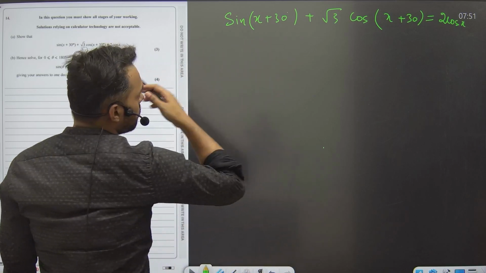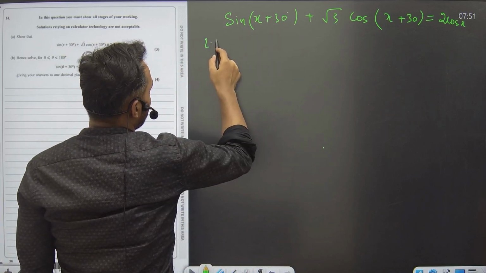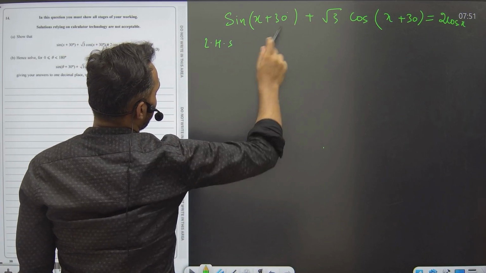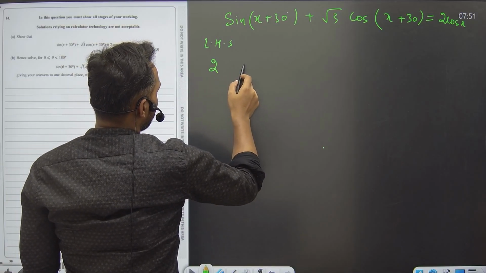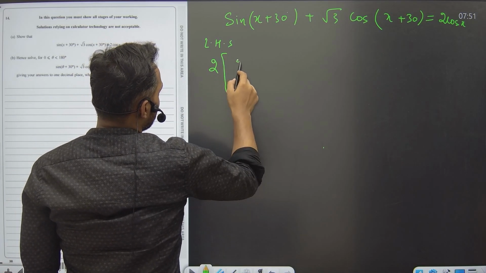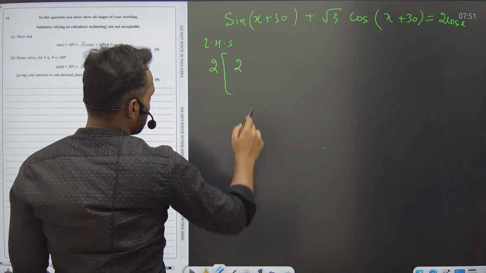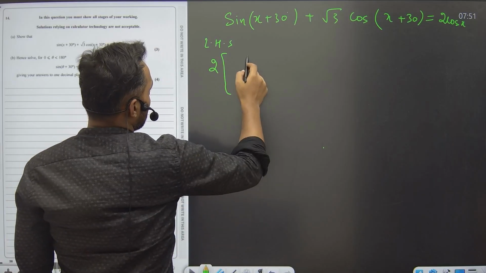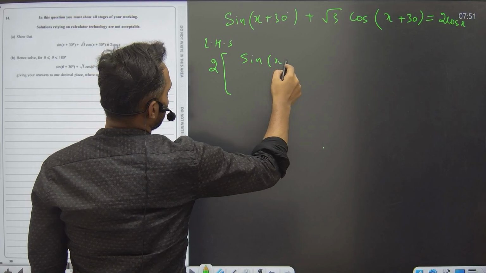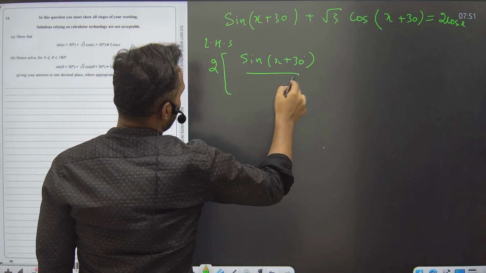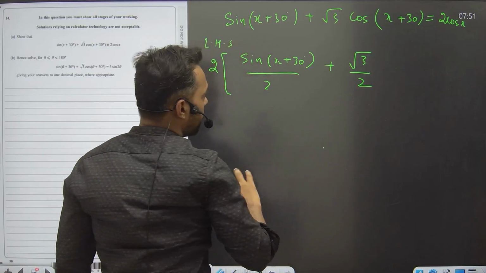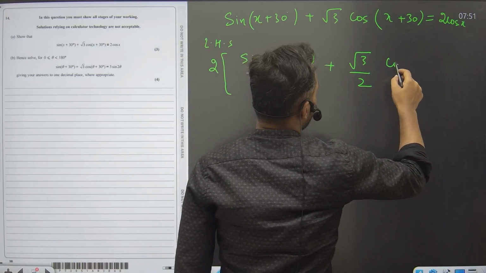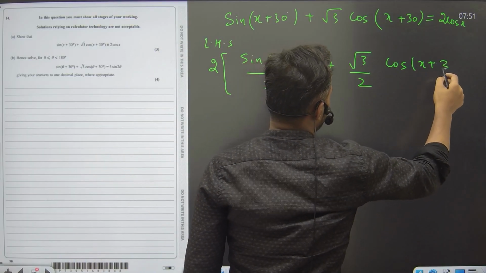What we need to do, in the left hand side, students, divide it by 2. So if we are dividing it by 2, we will be multiplying it by 2 as well. So here we will get sine of x plus 30 upon 2 plus root 3 by 2, because we are multiplying and dividing by 2, cos of x plus 30.